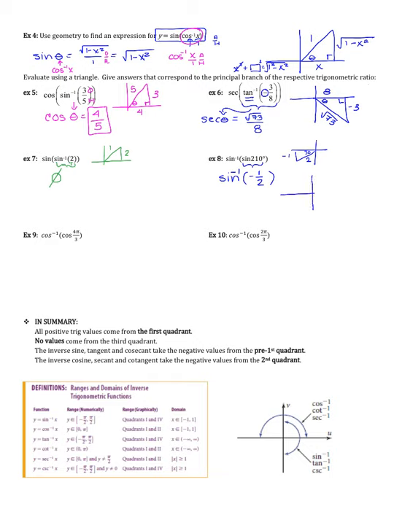Well, since it's sine, its principal branch for the negative comes from the pre-first quadrant. So opposite is -1, and your hypotenuse is always positive. And so what angle goes there? Because that's what we're looking for, right? That theta goes with negative 30.